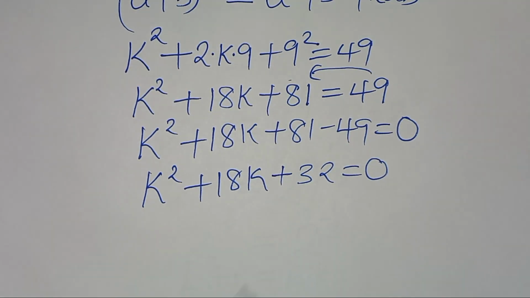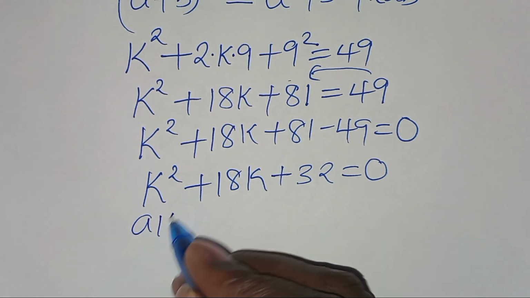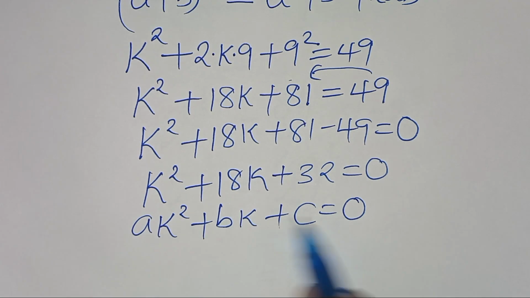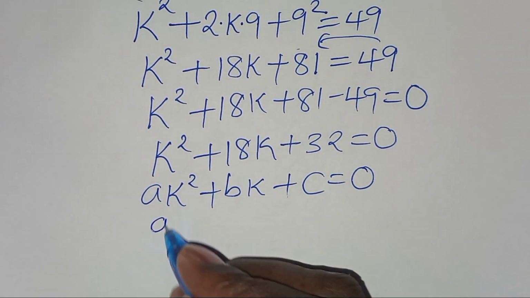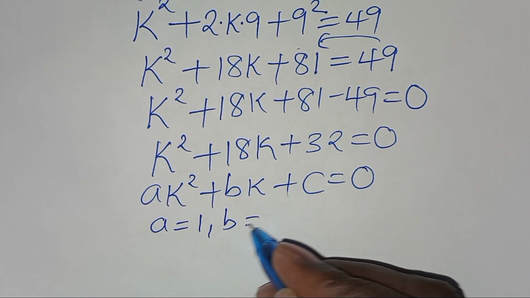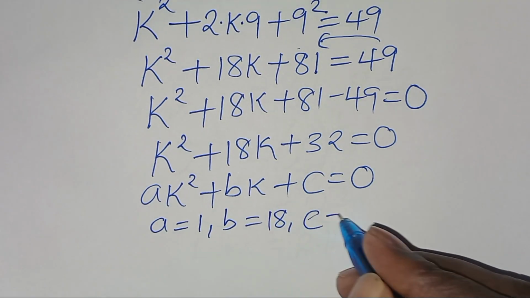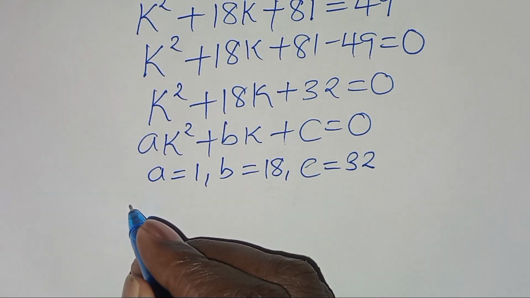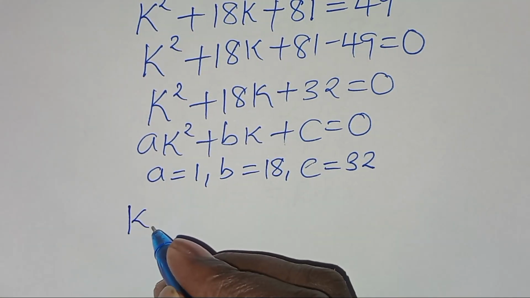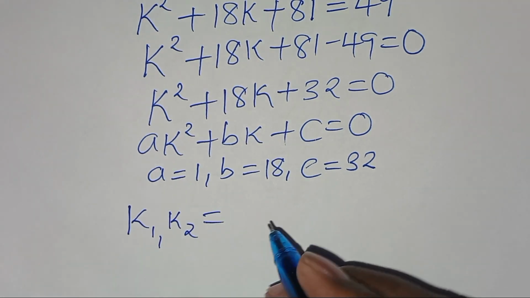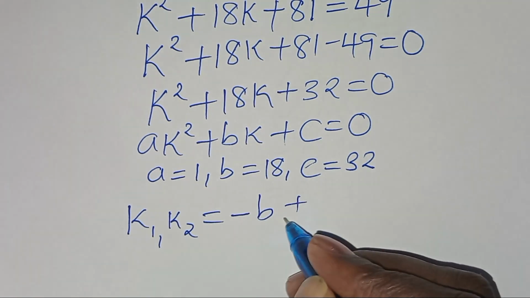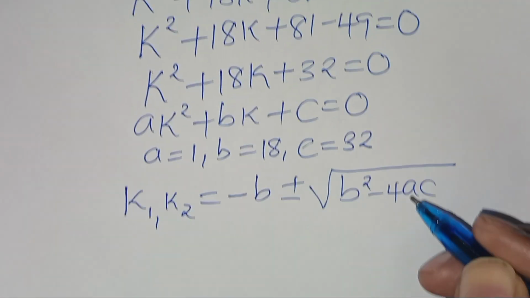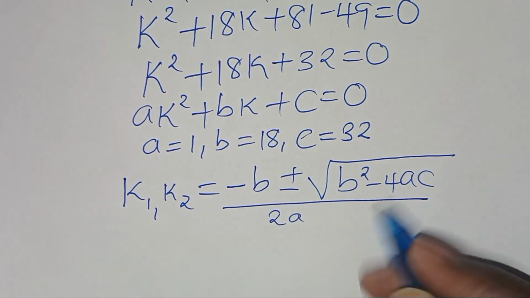Now what we have here is in the form of ak^2 + bk + c = 0. So it's a quadratic equation in which a is equal to 1, b is equal to 18, and c is equal to 32. So let's apply the quadratic formula here, so that k1, k2 can be found, which is minus b plus or minus the square root of b^2 minus 4ac, divided by 2a.